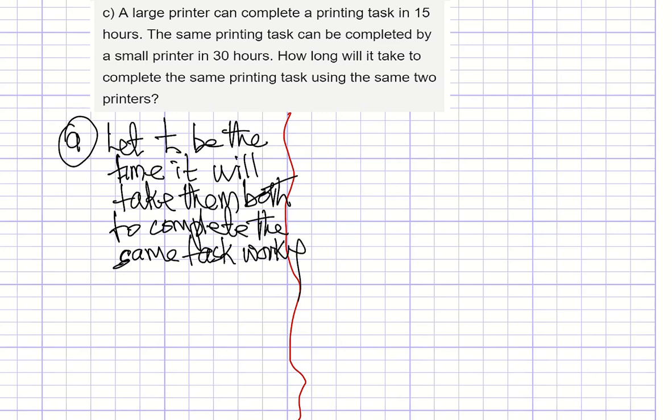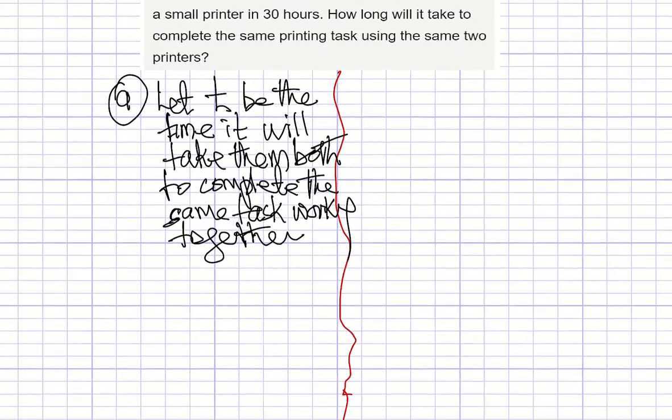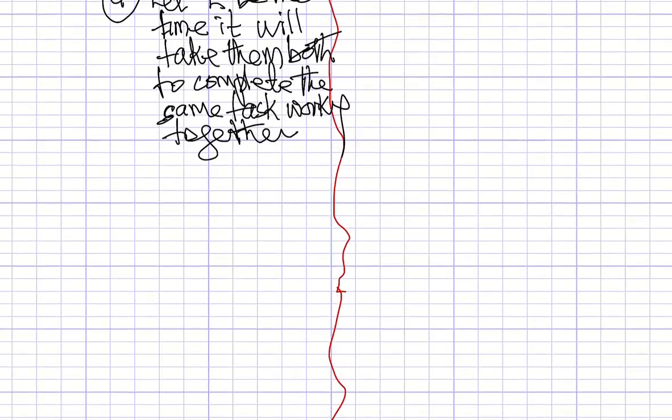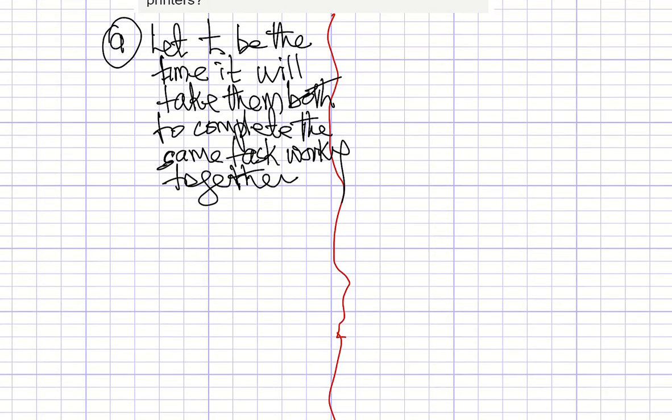Just follow me carefully, you will understand what I'm doing. T is the time it will take them working together to complete the task, okay? The space is enough. And then remember the equation I used yesterday.